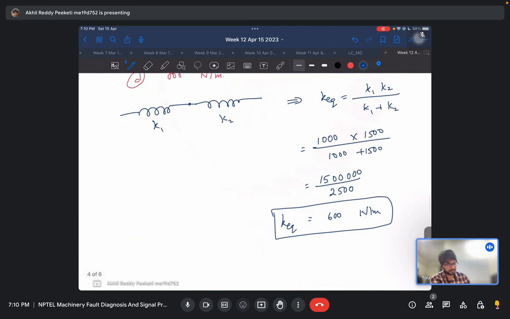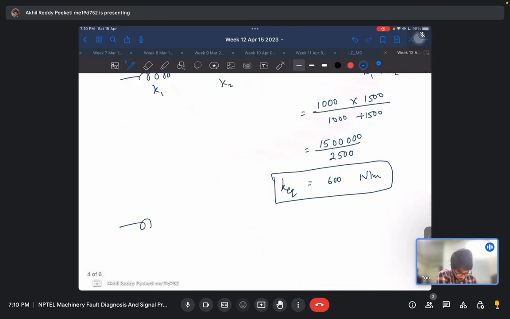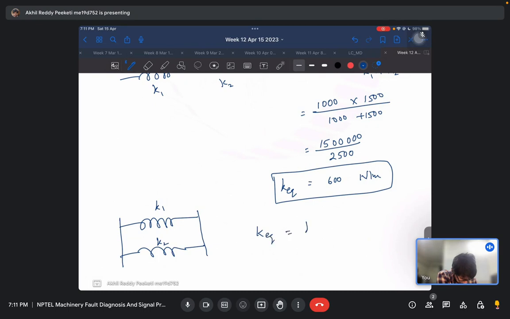So this is when you have springs in series. But if they are in parallel, then K equivalent is K1 plus K2.